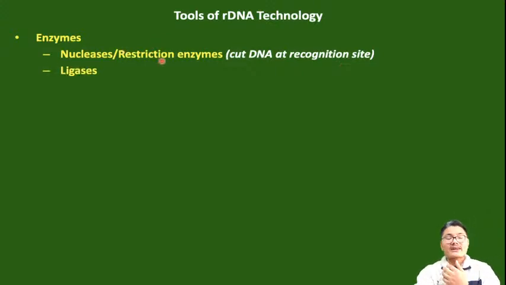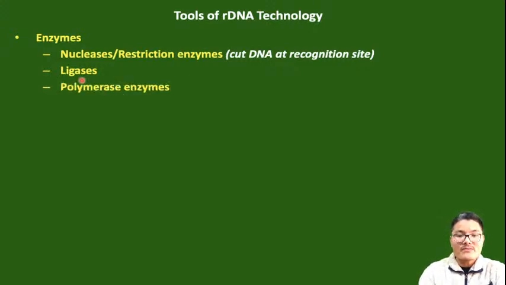We also have heard about ligase, which helps in the process of ligation. Ligase joins two cut sticky ends of DNA. We also have polymerase enzymes which are used in our DNA technology, particularly in PCR, polymerase chain reaction. We'll understand more once we go for further discussion.